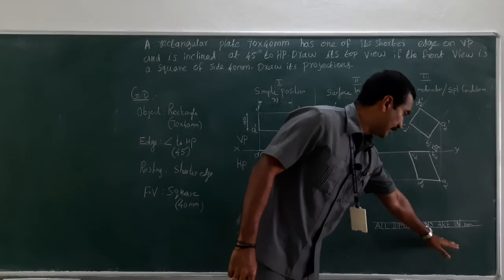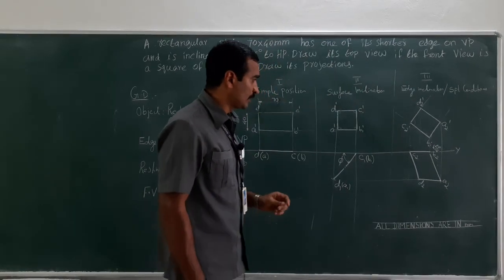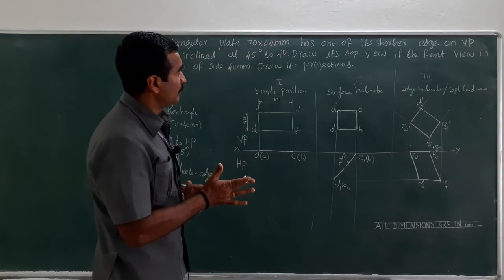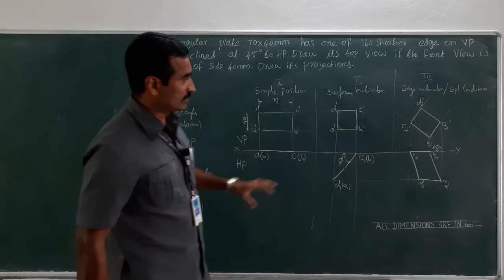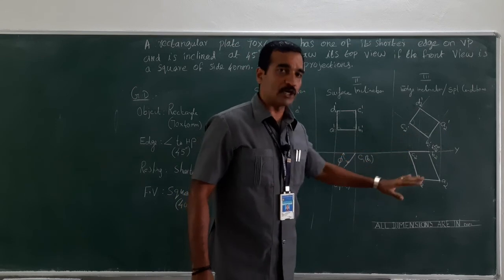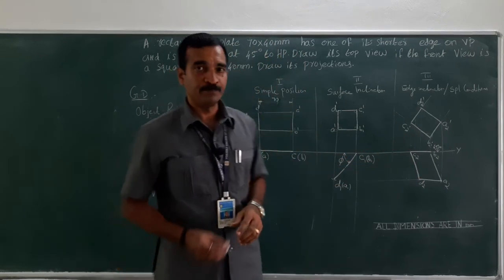So, this scale can be true scale 1:1. So, with this, I presume I have completed the drawing, that means the projections, the final front view and final top view for the given question. Thank you.